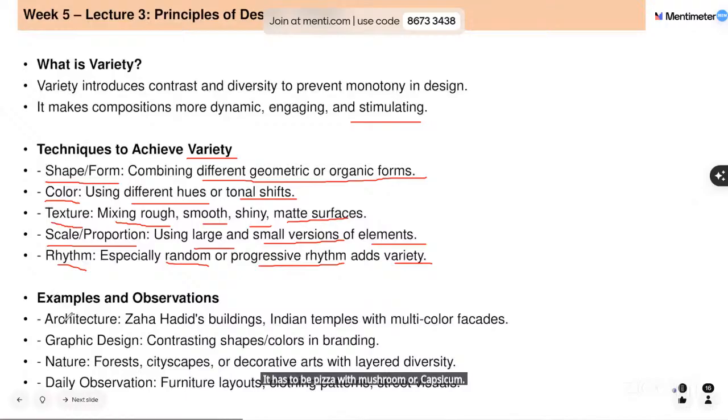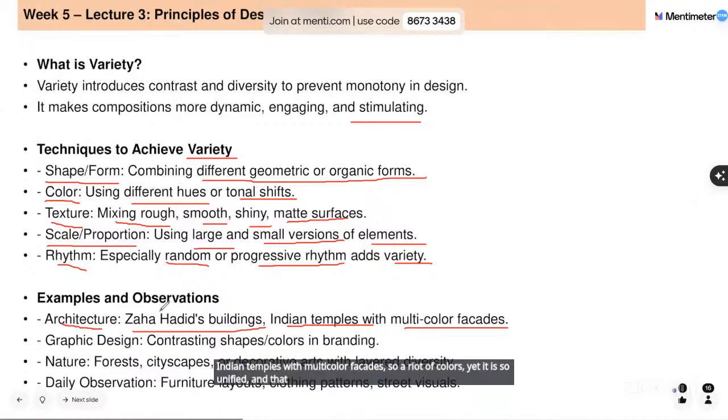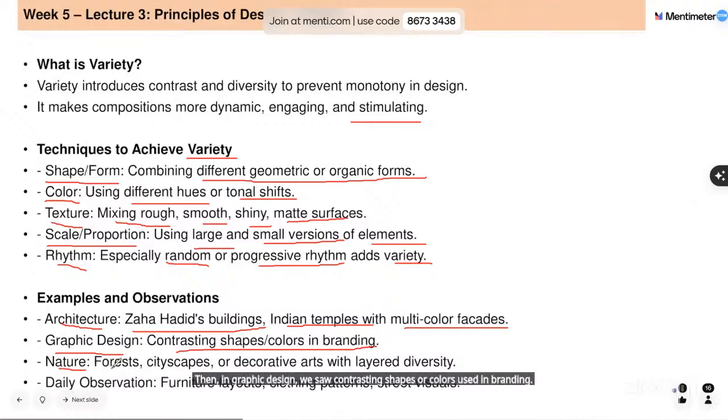Then examples and observations: in architecture, we saw Zaha Hadid's buildings, Indian temples with multicolor facades. So a riot of colors, yet it is so unified, and that variety is mind-boggling. Then in graphic design, we saw contrasting shapes or colors used in branding. In nature, you can see forests, cityscape, or decorative arts with layered diversity.